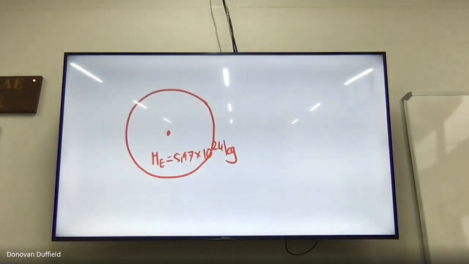Now, can you find out what the radius of the Earth is for me, please? 6,378.1 kilometers. 6,378 kilometers. Yes. Okay, and my mass is 80 kilograms.